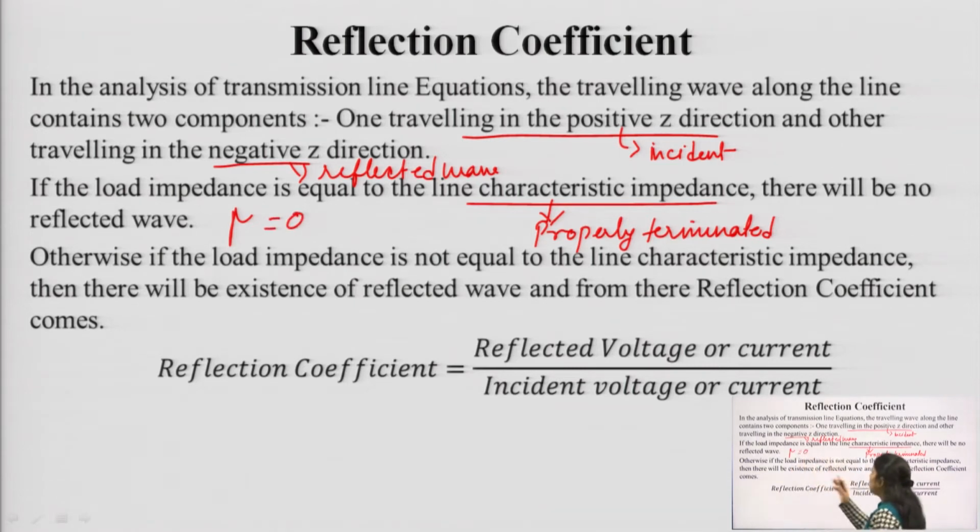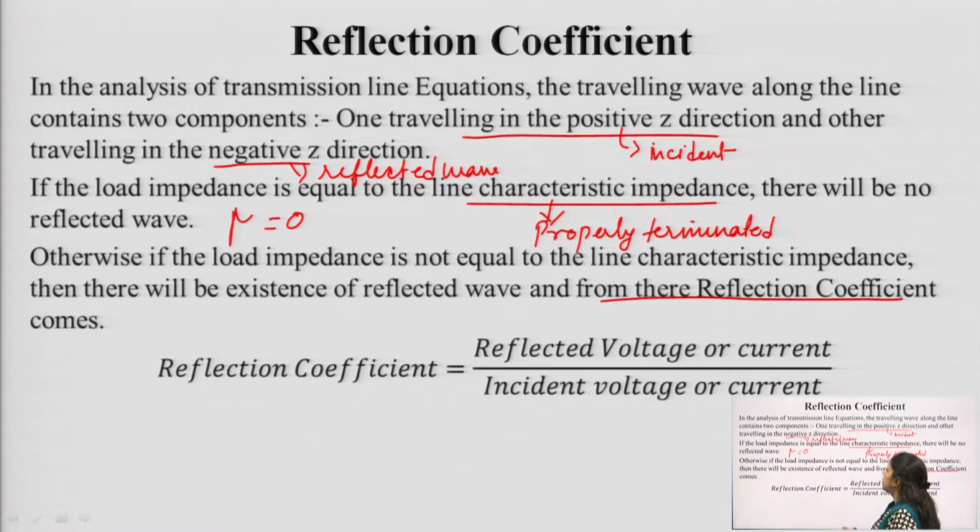Now, if the load impedance is not equal to the characteristic impedance, then that transmission line is said to be not properly terminated, and in that case there exists a reflected wave, and when there exists a reflected wave, there will be a reflection coefficient.